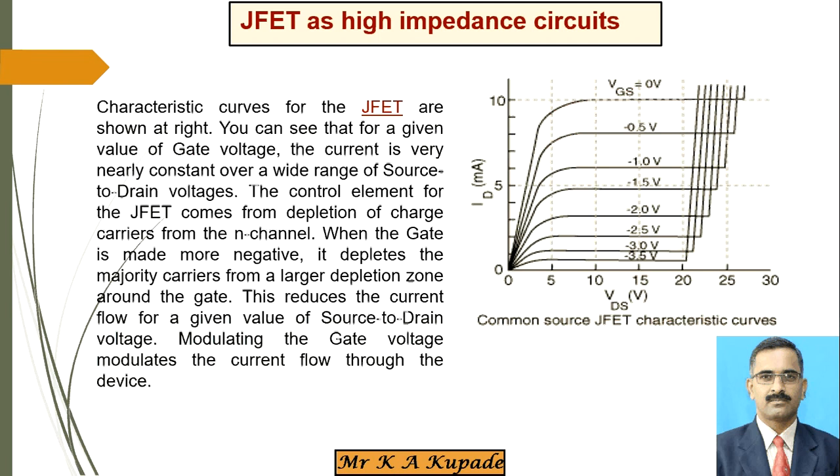And after that, once it reaches the pinch off voltage, the ID current flows constantly, or there is no further change in ID current, as is shown here, and that region is called the saturation region.